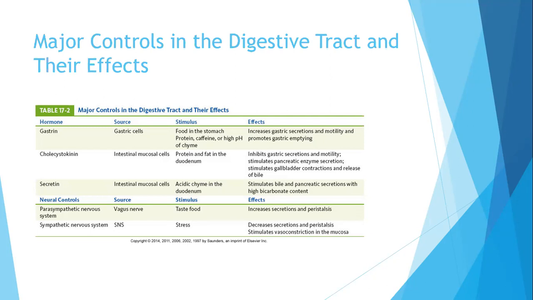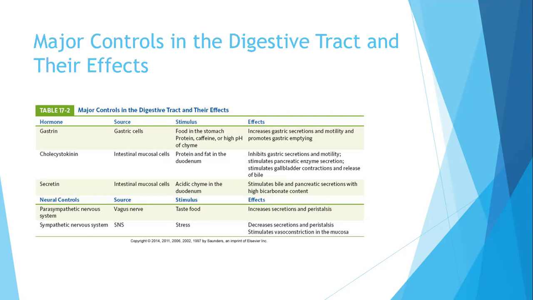Cholecystokinin stimulates gallbladder contractions and the release of bile, and it stimulates pancreatic enzyme secretion. So people who have gallstones, a lot of times when they eat protein or fat, it causes the gallbladder to contract, and then they get pain from those stones. So something to think about.